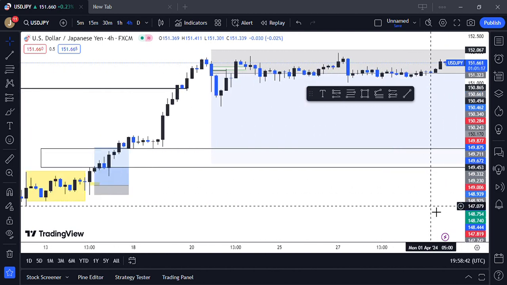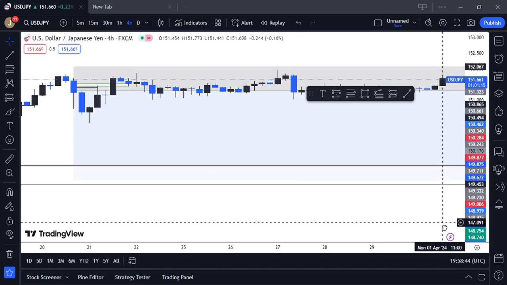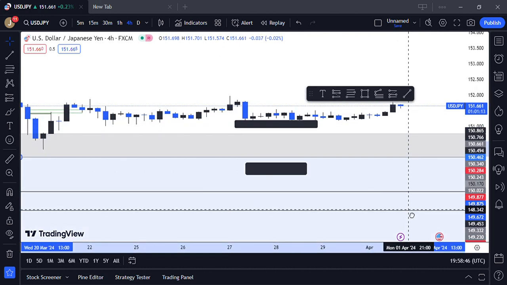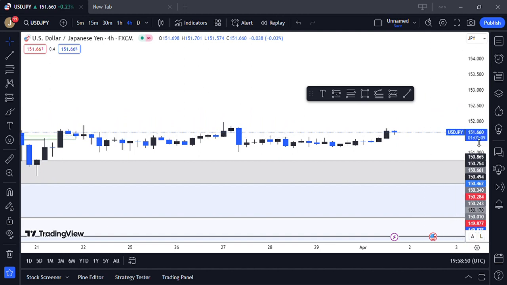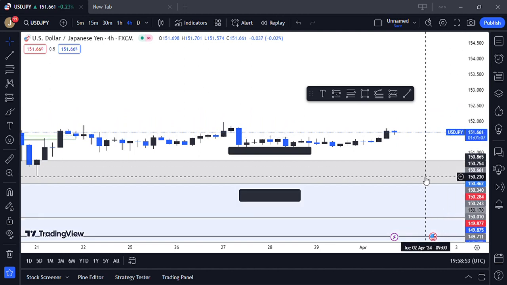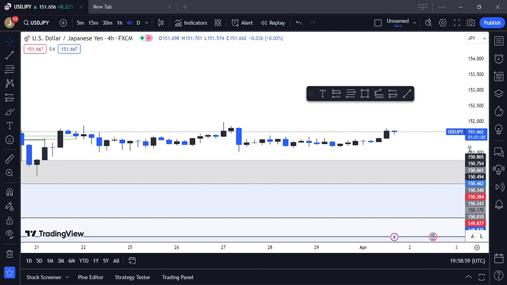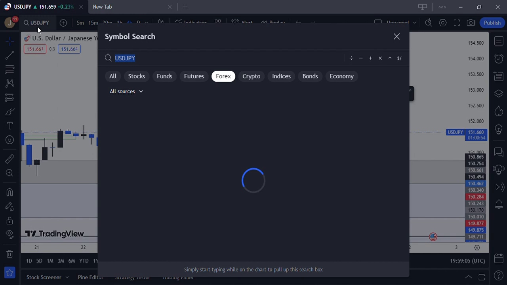Let me zoom in. You can clearly see, to get $1, it's 151.66 Japanese yen. So for $1, it costs 151.655 Japanese yen. Understand? Let's go to USDZAR again.